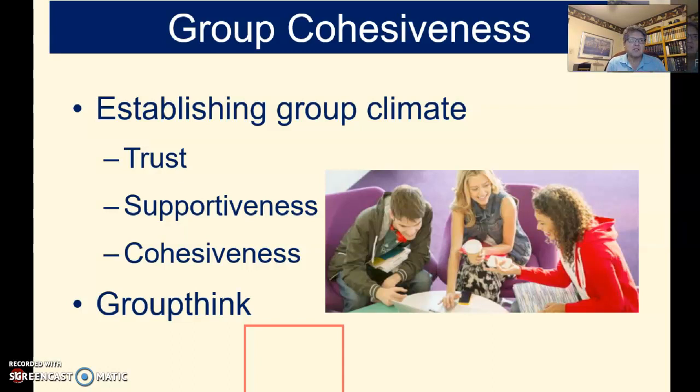Here you see on the slide, it talks about establishing group climate. When we talk about establishing group climate, we talk about establishing trust among group members. We talk about supportiveness that group members have for one another. And then we talk about cohesiveness itself.